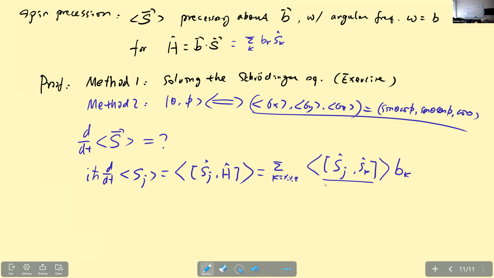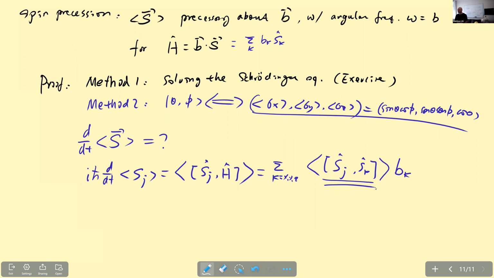And now this one satisfies the commutator: sx and sy give sz, sy and sz give you sx, and sz and sx give you sy. So what's that relation?